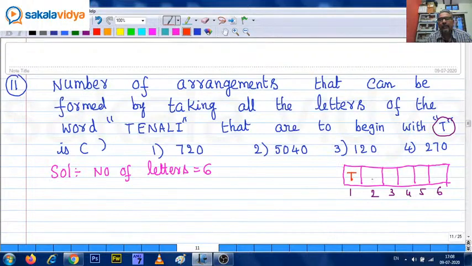That means now remaining places count: 1, 2, 3, 4, 5. Fix T in the first place.